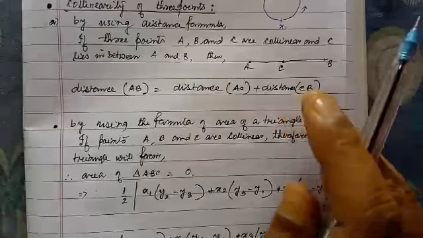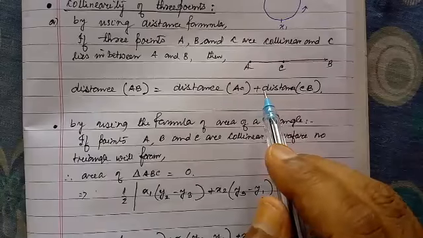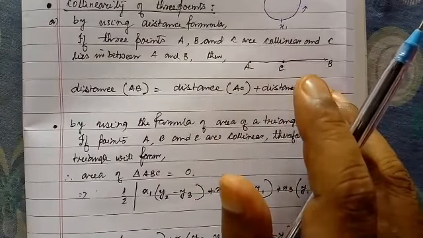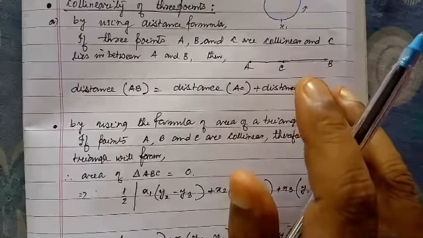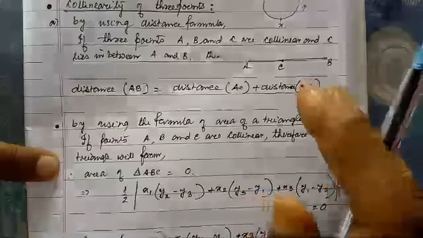Otherwise the points are not collinear. If both sides are equal, the points are collinear; otherwise the points are non-collinear.